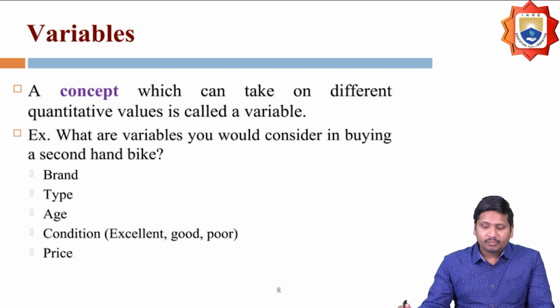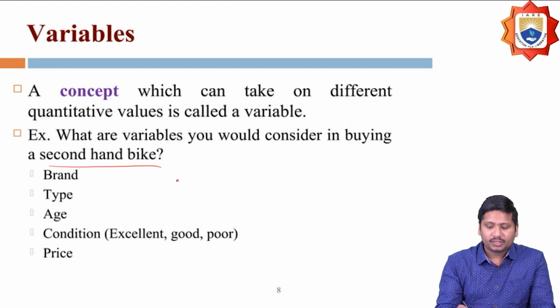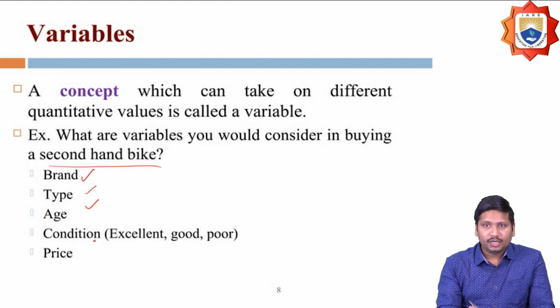So a variable is nothing but a concept which can take on different quantitative values. Some of the variables I can find from a second-hand bike itself: what should be the brand of the bike, the type, age, and condition, whether in excellent, good or poor condition, and then the price.